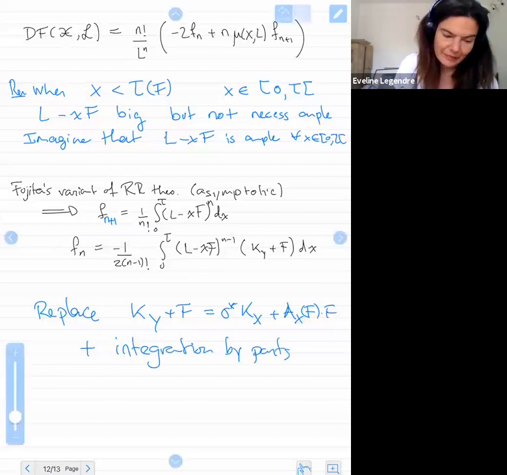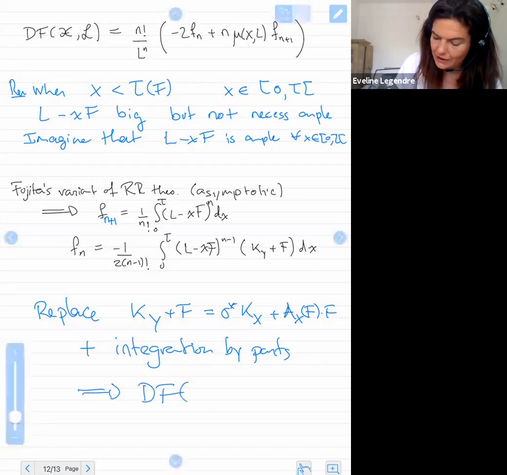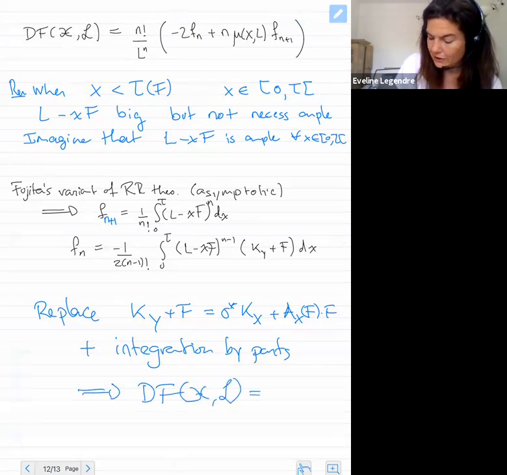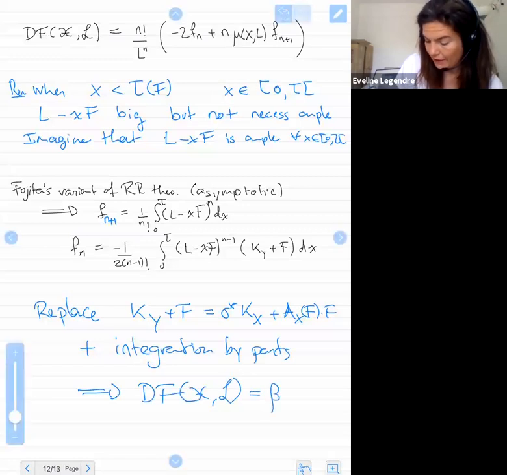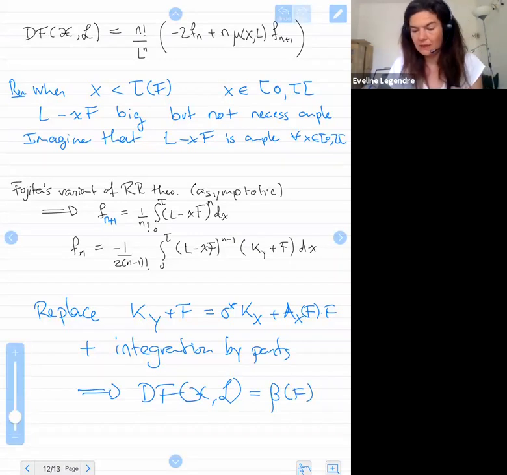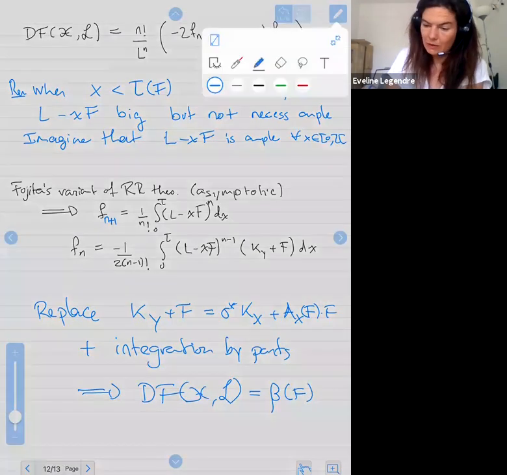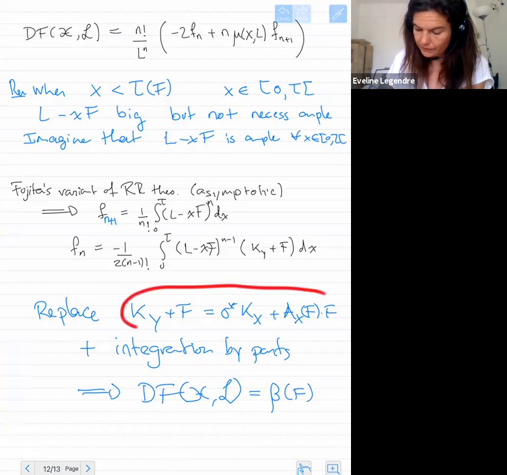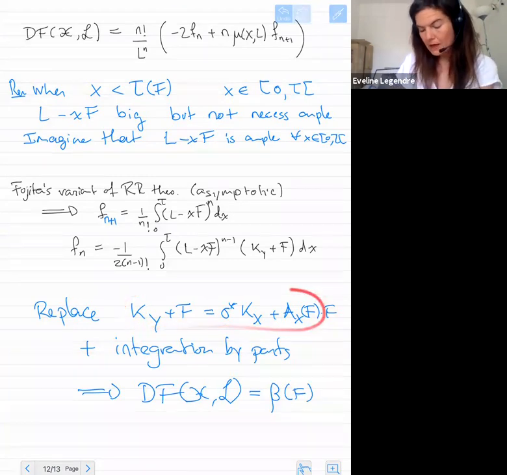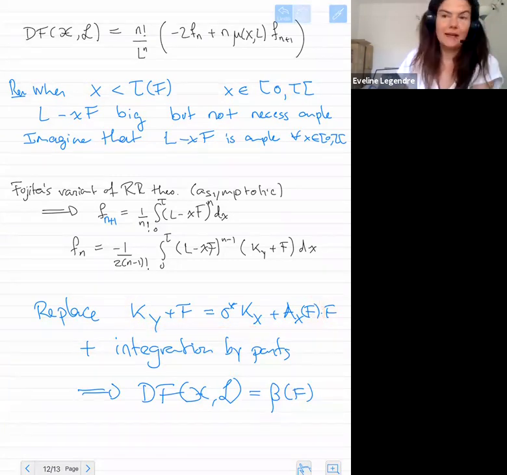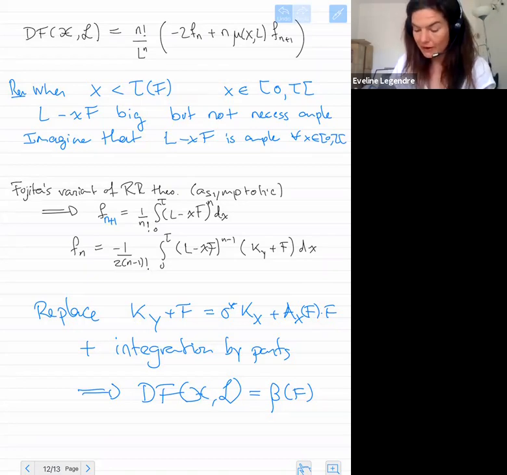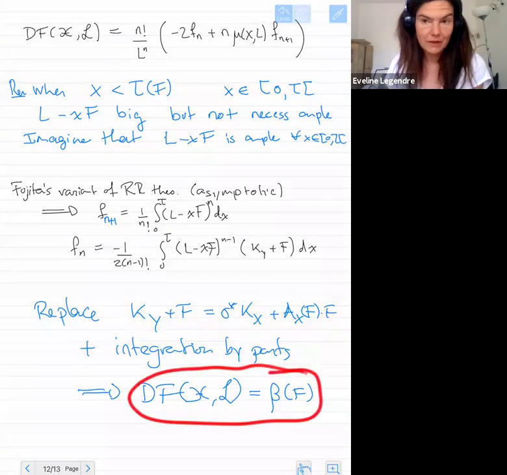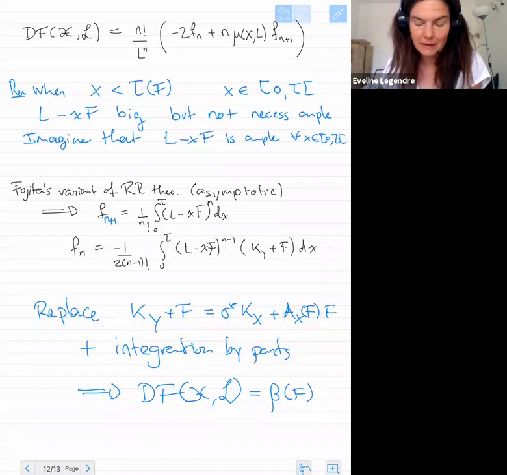And then we have that the Donaldson-Futaki invariant of the test configuration we build is actually beta F. Just like replacing that. And to be completely honest, this is how we found beta. We did that and we found beta.